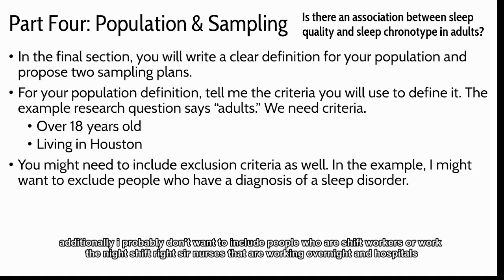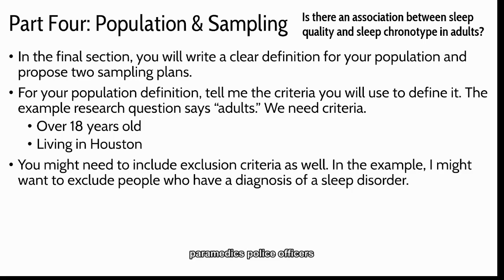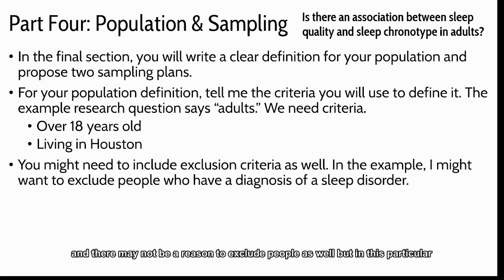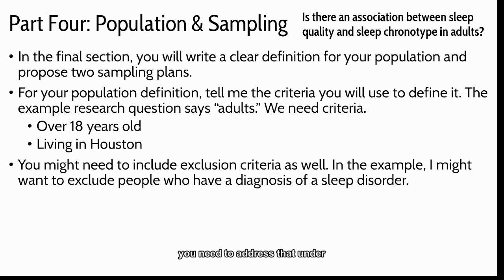Additionally, I probably don't want to include people who are shift workers or work the night shift, right? So nurses that are working overnights in hospitals, paramedics, police officers. Those are just two exclusion criteria. There may be more. And there may not be a reason to exclude people as well, but in this particular research question, there is. So if that is the situation with your question, you need to address that under the population portion.